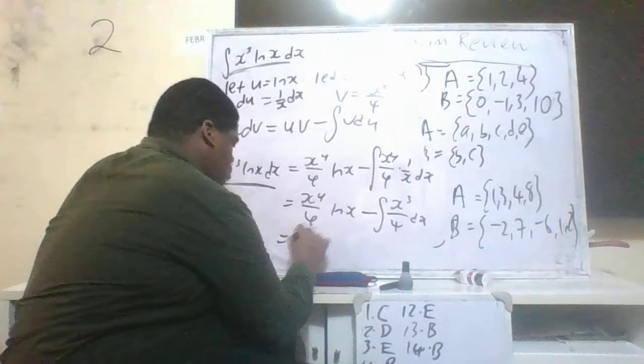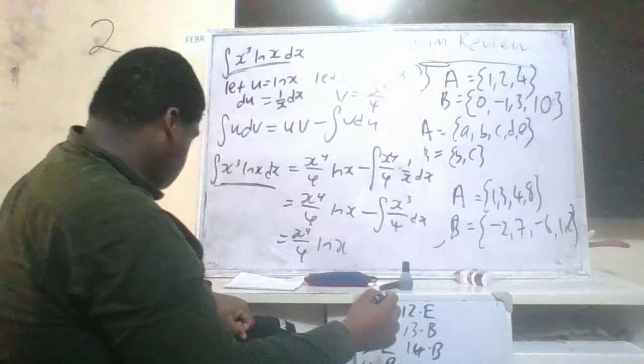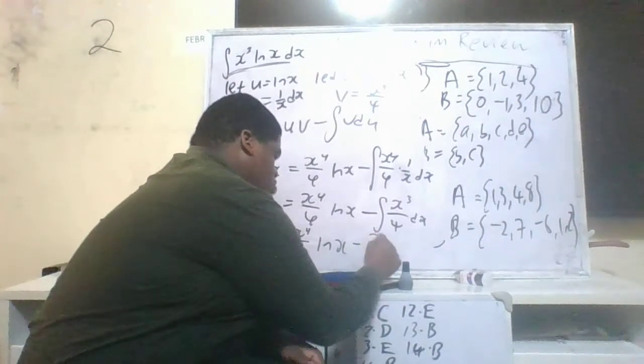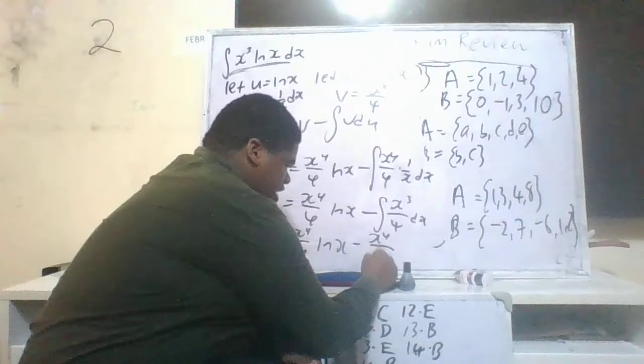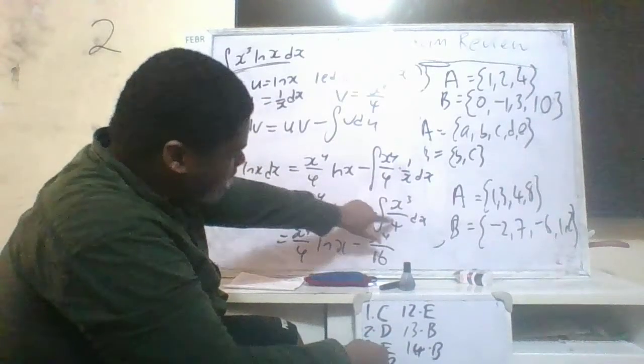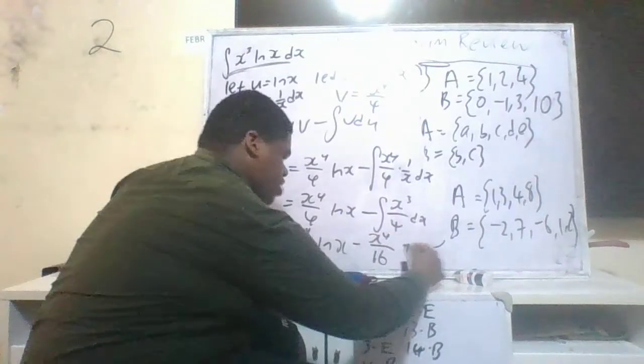This is going to equal x to the power of 4 divided by 4 ln x minus x to the power of 4 divided by 4 times 4, that is divided by 16, plus your integral constant.